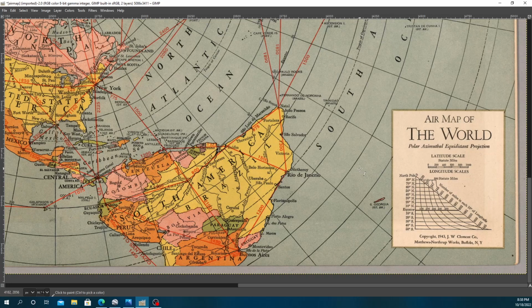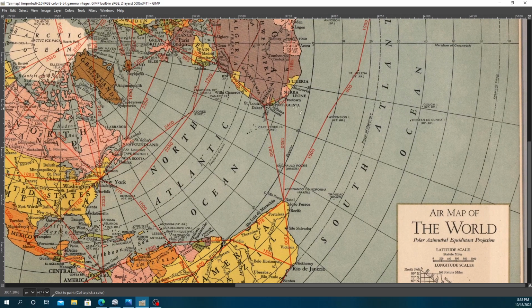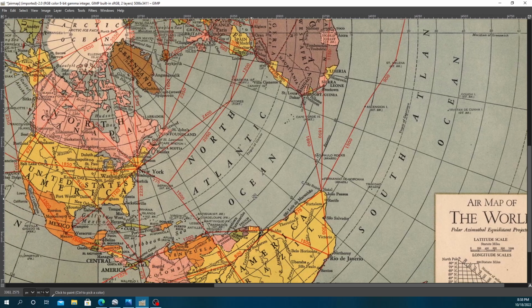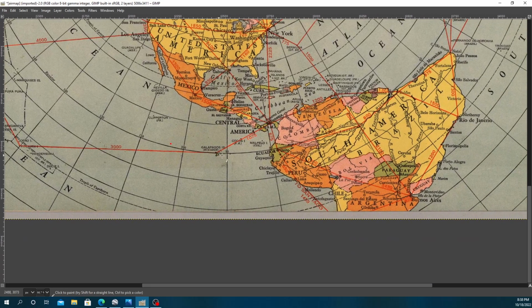So what you're looking at right here at the equator, if we can find the equator, I can't see, 10 degrees. I think this is the equator right here. If I can find some numbers. No, I'm sorry, the equator's down here. This line is the equator right there, Ecuador.